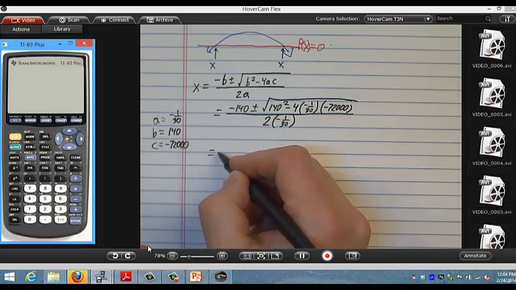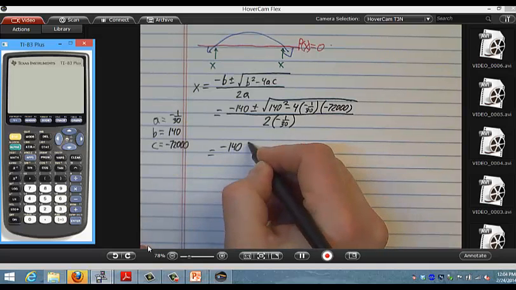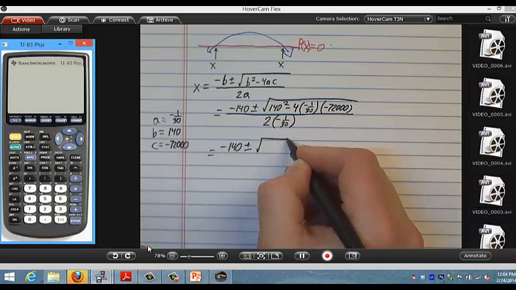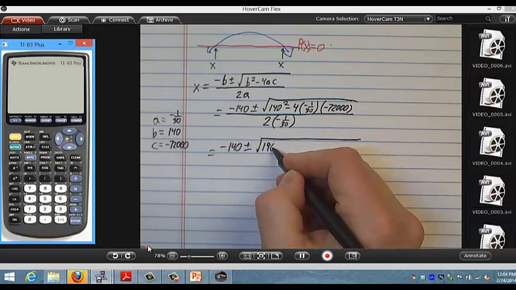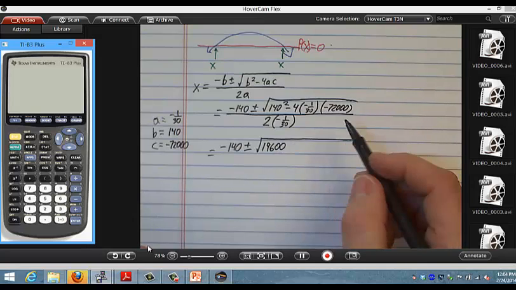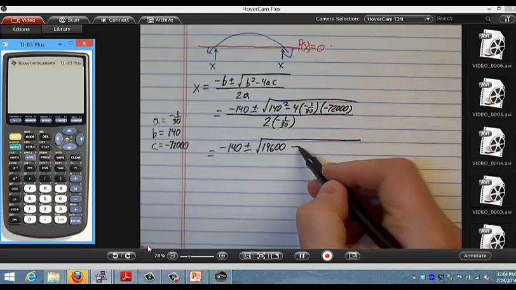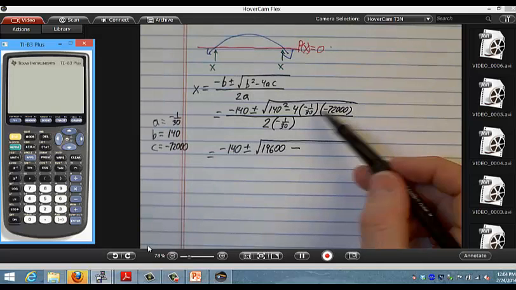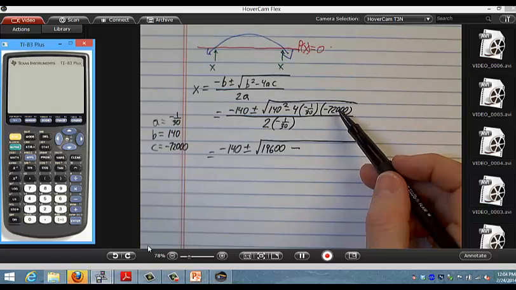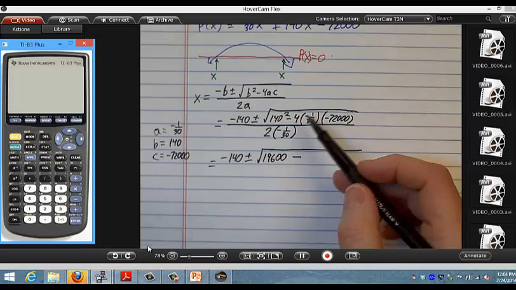So let's see what happens. We get negative 140 plus or minus, so I need 140 squared. Nice job, 19,600. And then minus, let's see, 7,200 over 3 would be, what do we got? 2,100 times 4.